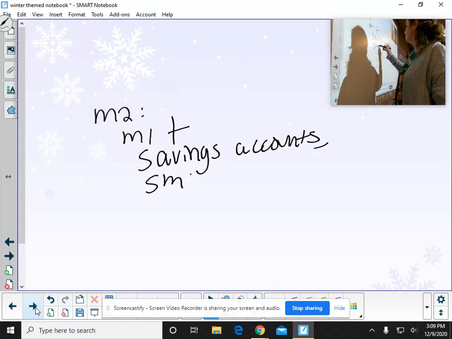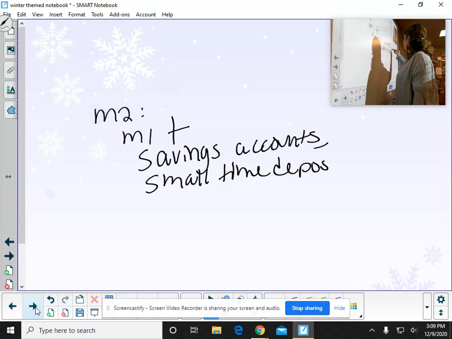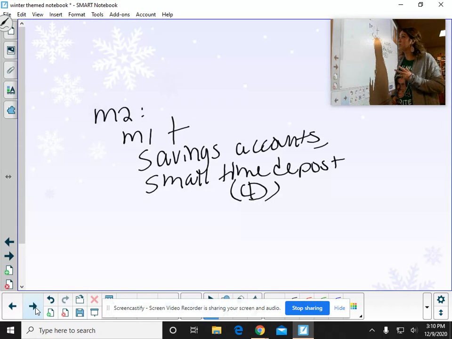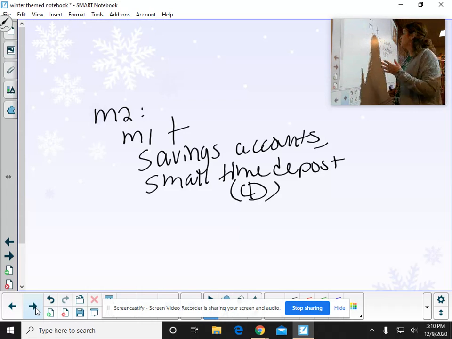Small time deposits. A time deposit is a CD, a certificate of deposit. It's like a savings account, but with a savings account you can only access it maybe 3 times a month, with not very much interest. CDs earn a little bit higher interest, but the trade-off is you can't access it but maybe once every 3 months. And there are different levels of CDs.